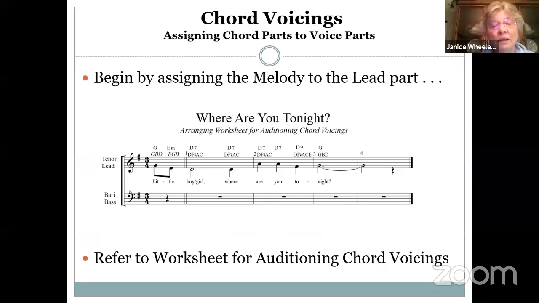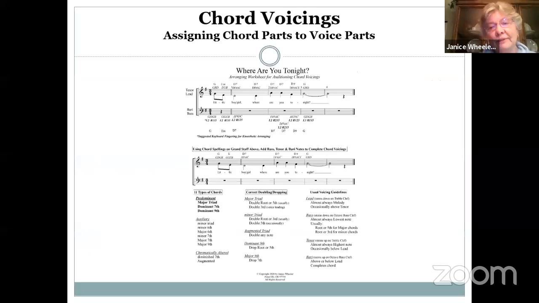So we're going to go on to look at a worksheet that I like to use for classes that I call the arranging worksheet for auditioning chord voicing. The top part there is the melody that we're working with.